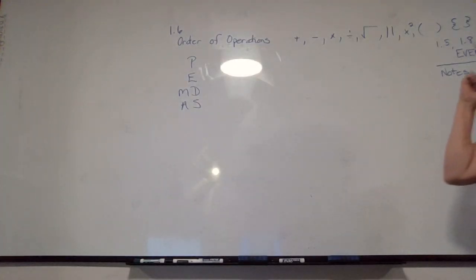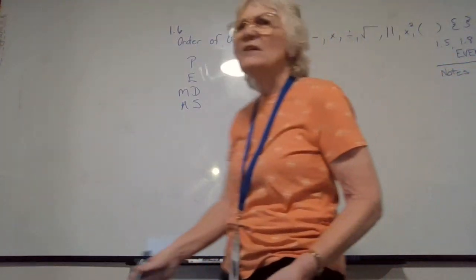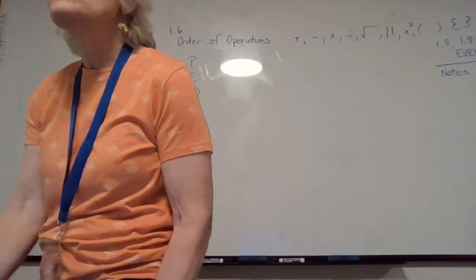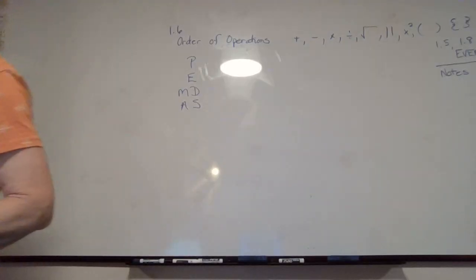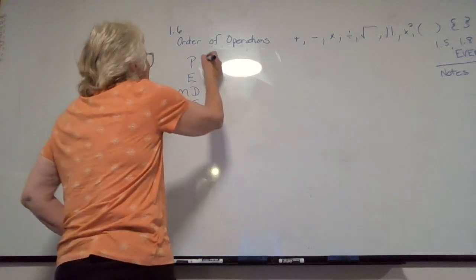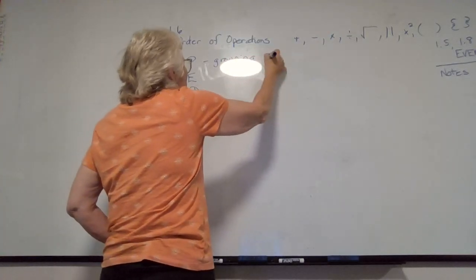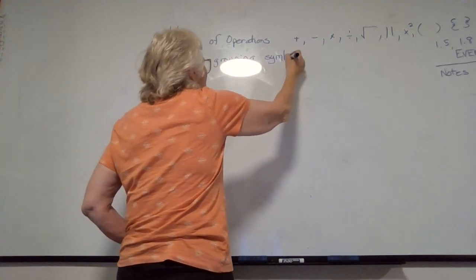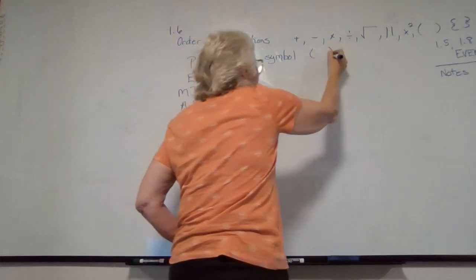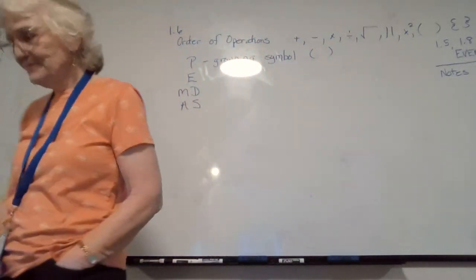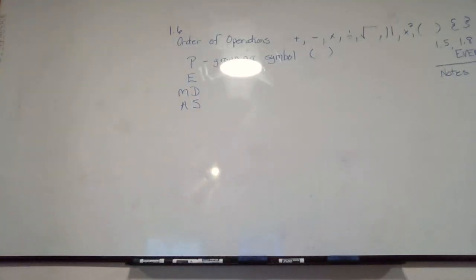The problem with PEMDAS is it doesn't include everything. Parentheses really encompasses a lot more than just parentheses. It's any grouping symbol. Which one is a set of parentheses? That does group them. All of section 1.7 is about what other things are grouping symbols.